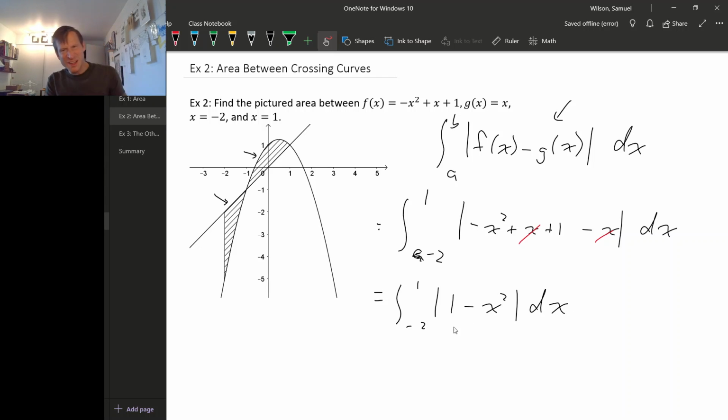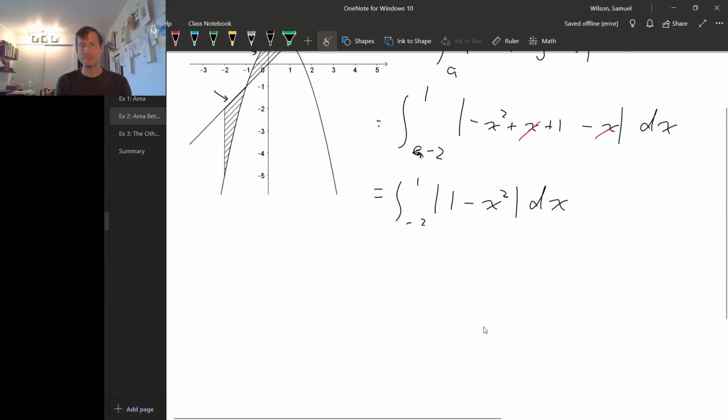Okay, well, if you think back to definite integrals we've done where there's an absolute value in our integral, we have to split this integral up where 1 minus x squared crosses 0, right? Because for some x values, this absolute value will leave 1 minus x squared alone, and for other x values, the absolute value will put an extra minus sign on the whole thing. So we need to separate the two cases.